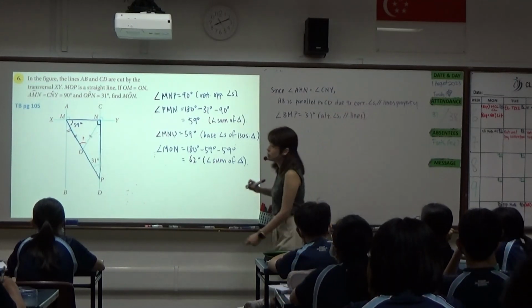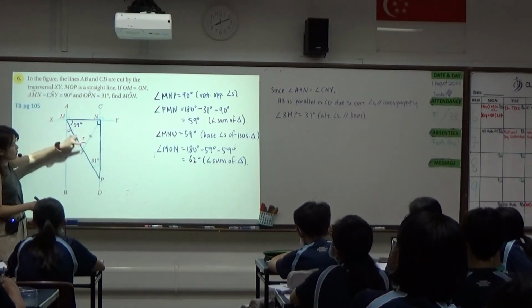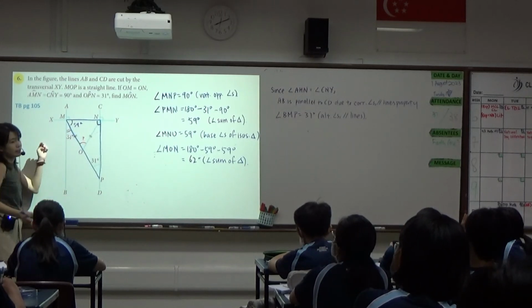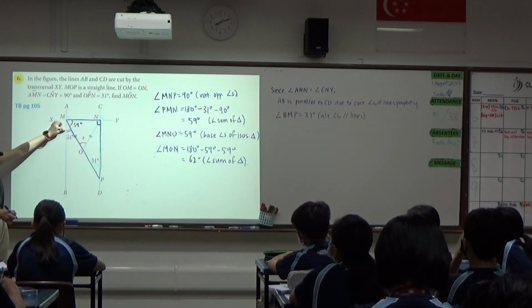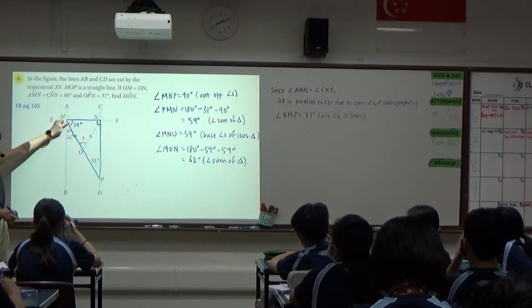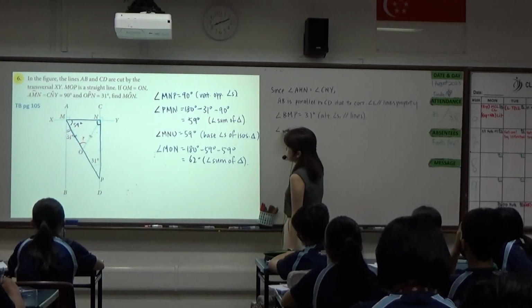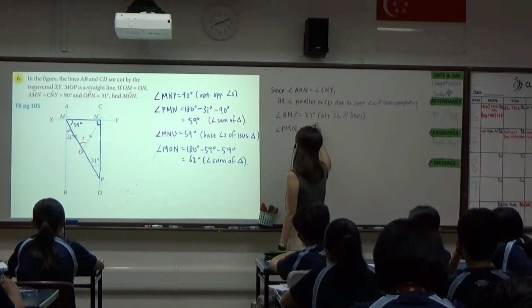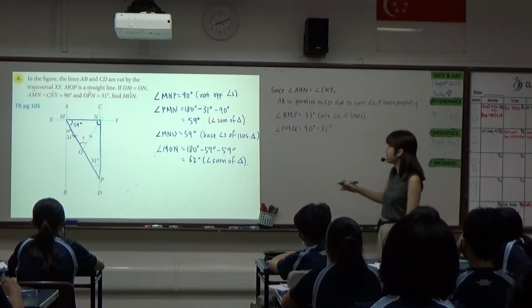Okay, so I'm not sure whether you can see, but since they are parallel, this is 31 degrees because there's a Z shape over here. Okay, and then that will be 90 degrees minus away 31 degrees. So she will then find out what is angle PMN by taking 90 degrees minus away 31.